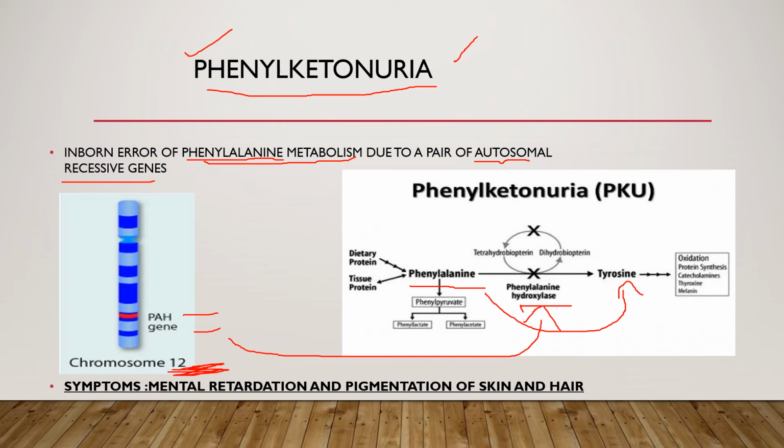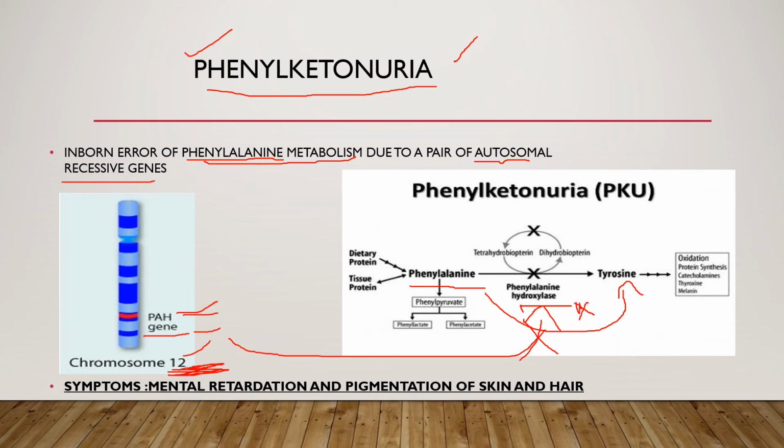Suppose there is a mutation in the PAH gene on chromosome number 12, then what happens? The phenylalanine hydroxylase cannot be produced. Listen, children, one more time. If there is a mutation in the PAH gene located on chromosome number 12, then the phenylalanine hydroxylase cannot be produced.